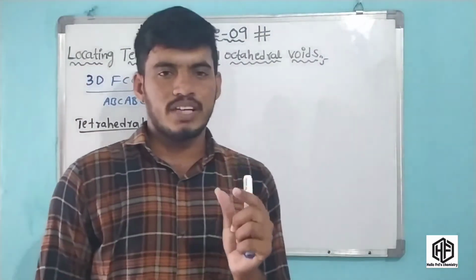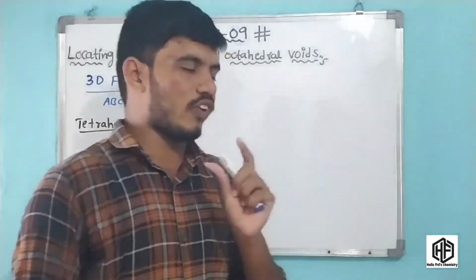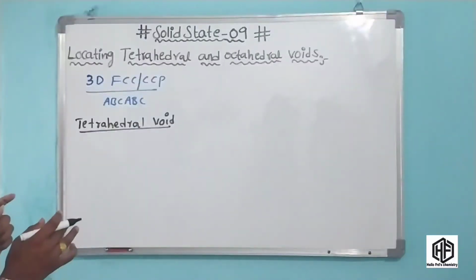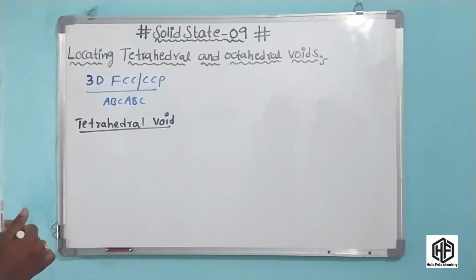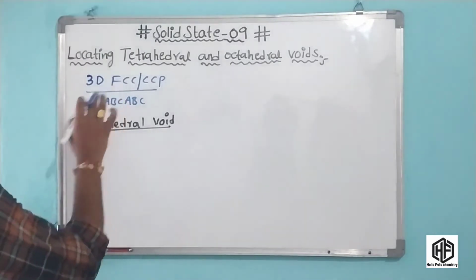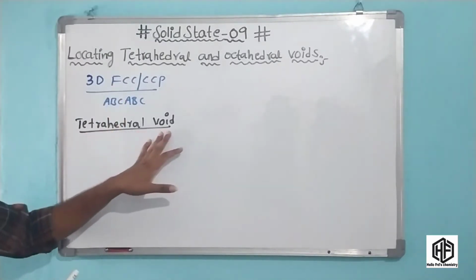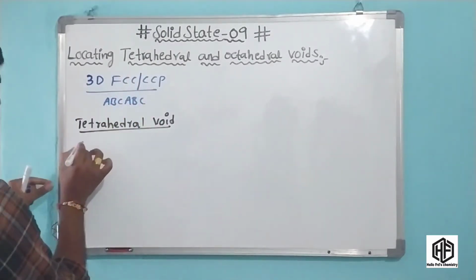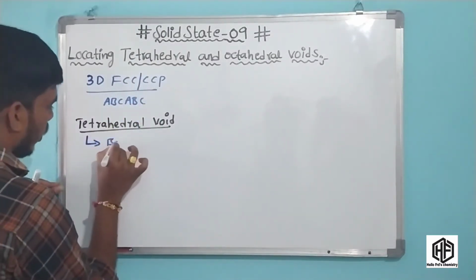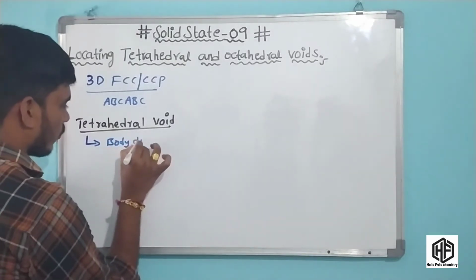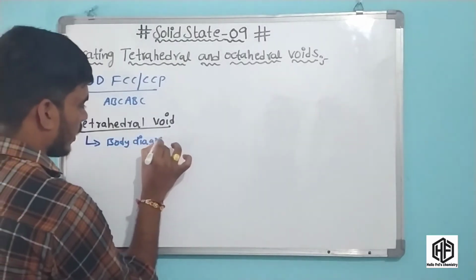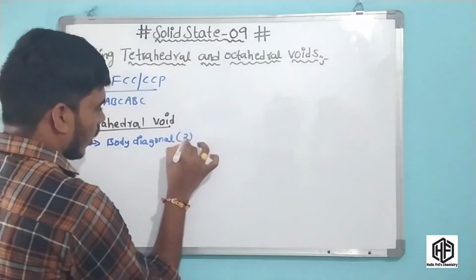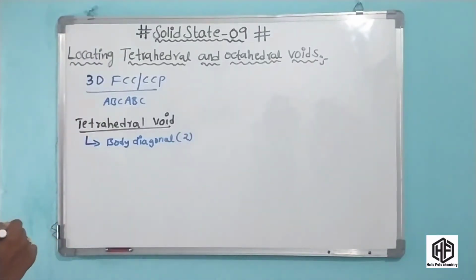The atoms are present at corners and faces. One more point, friends: in face-centered cubic closed packing, tetrahedral voids are present on the body diagonals. This is very important. On each body diagonal, two tetrahedral voids are present.